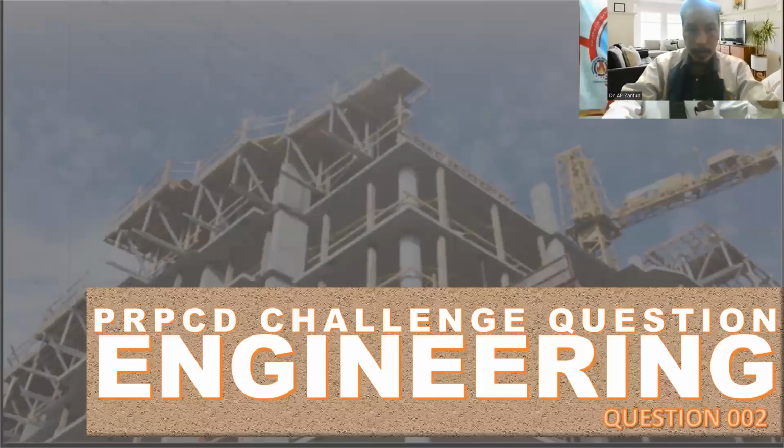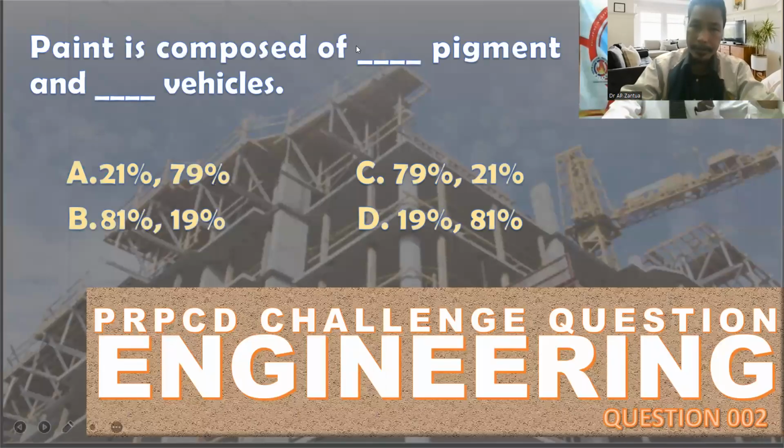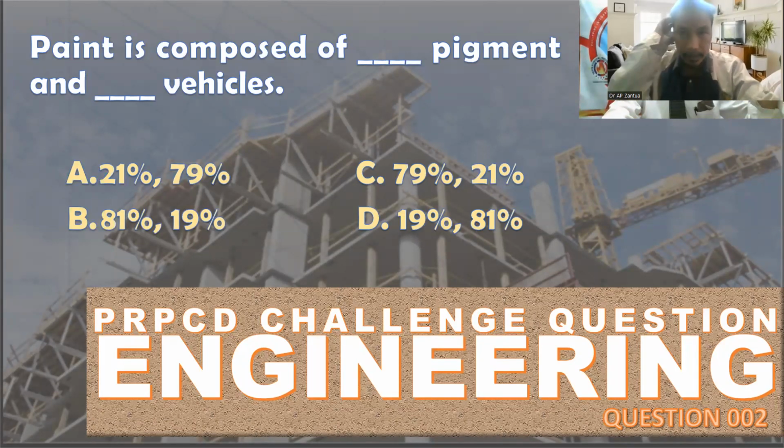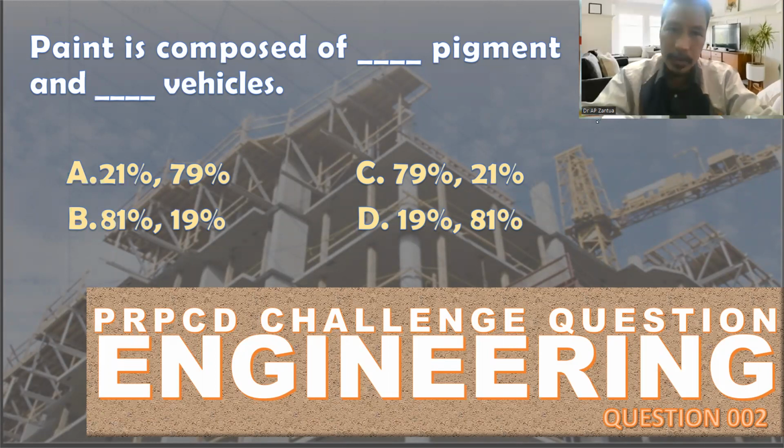Okay, so let us go to the challenge question, problems. So we have a question here. Paint is composed of blank percent pigment and blank percent vehicles. Okay, so what can you say about this? How many percent pigment and how many percent vehicles?